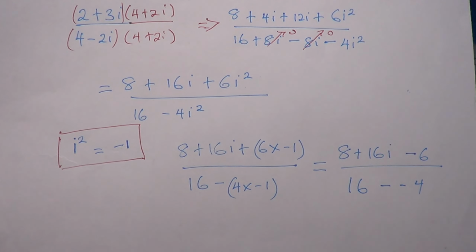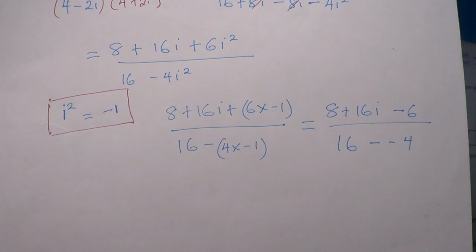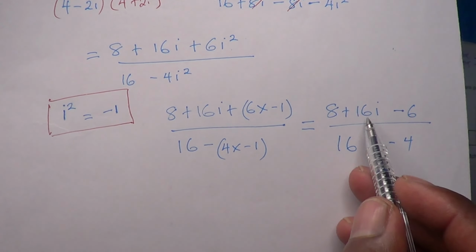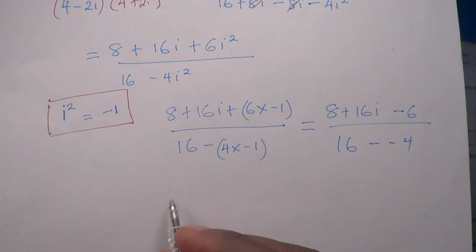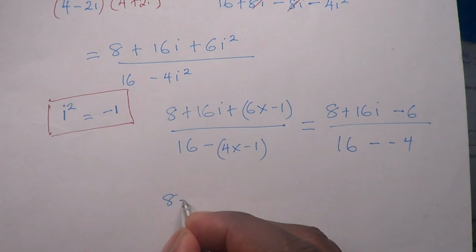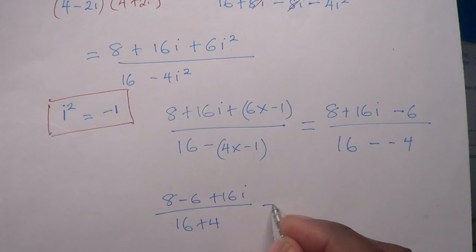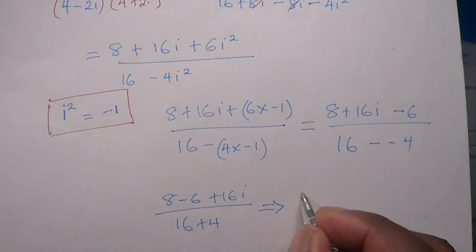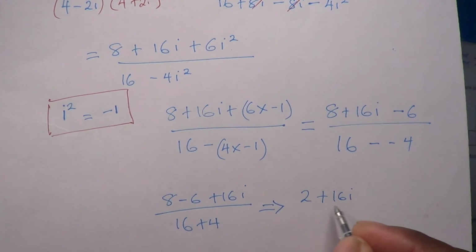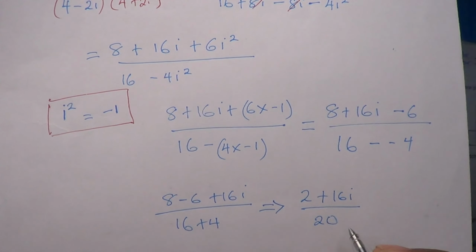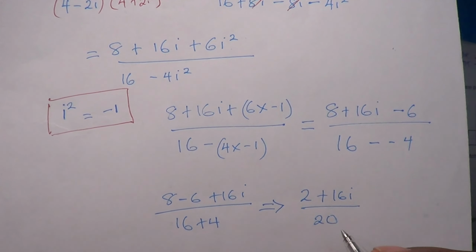So it will be now 8 minus 6 plus 16i over 16 plus 4, which is going to give us 2 plus 16i over 20.